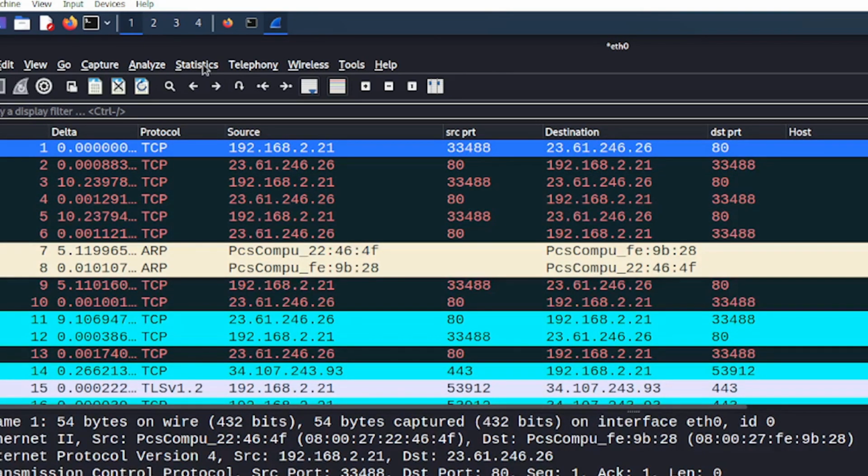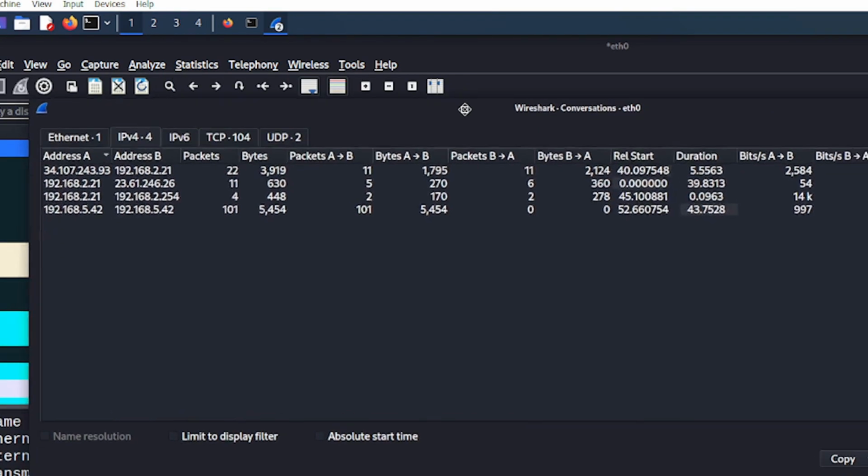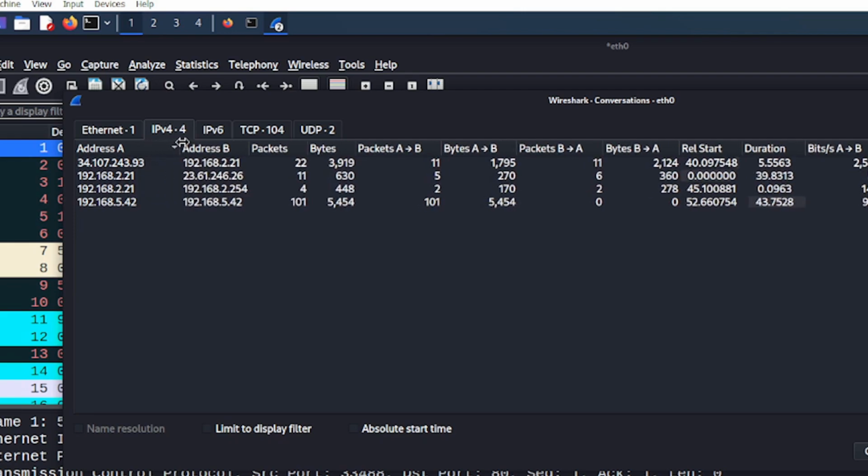So let's go over to the top left here, Statistics, and we're going to slide on down to Conversations. That opens up our window here, and I like to go over to IPv4. There we are, and we can see that there was some internet traffic here. So between my Kali and the internet, because this is a public IP address.